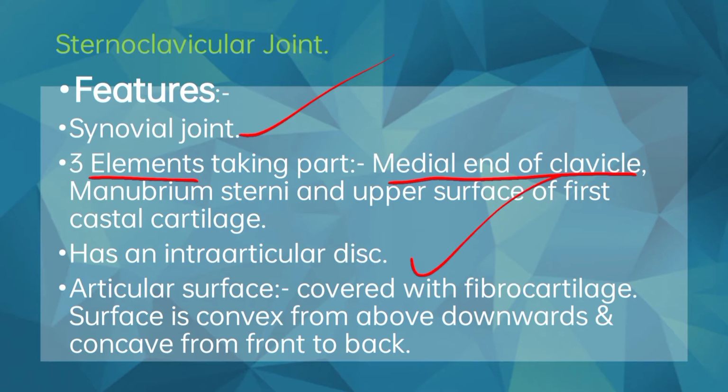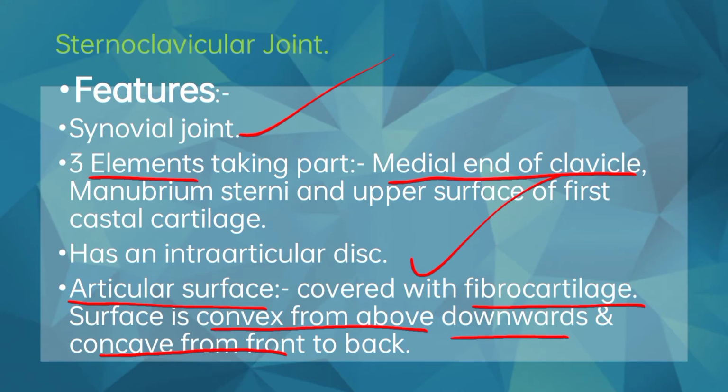The articular surface is covered with fibrocartilage, and the surface is convex from above downward and concave from front to back.